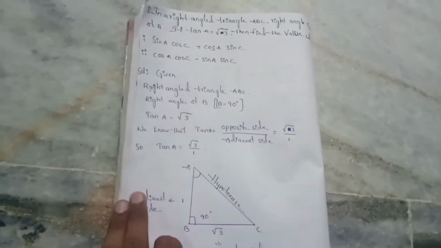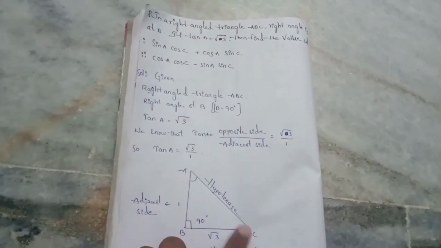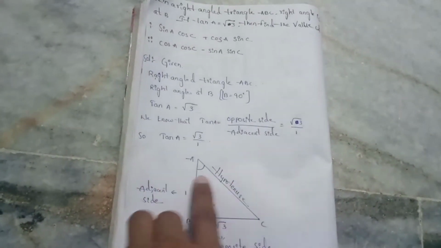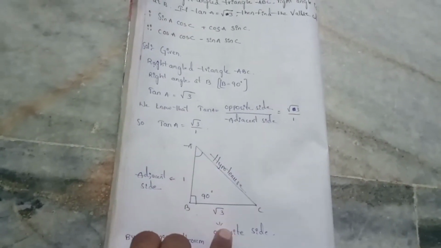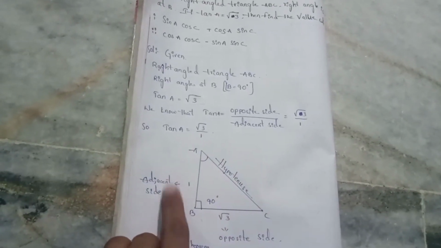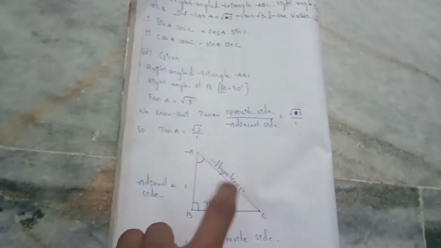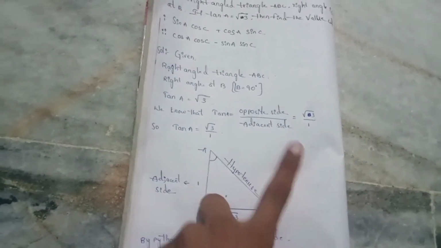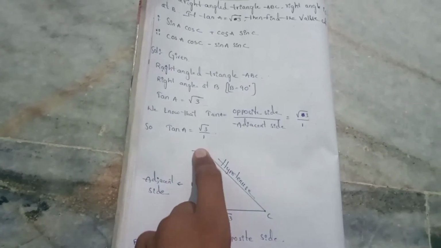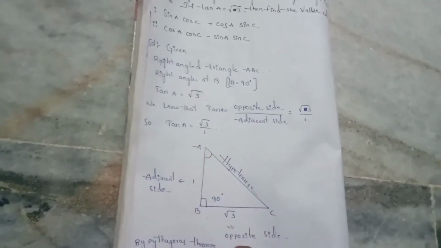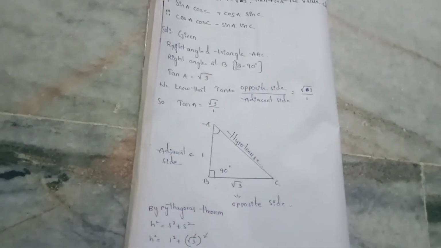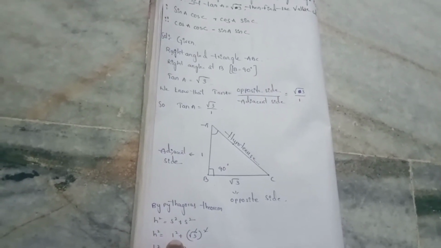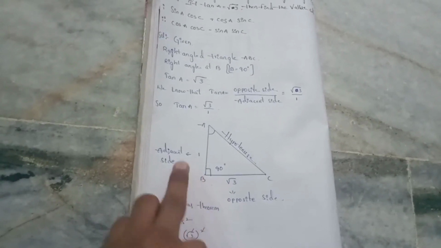See here, triangle ABC, B is 90 degrees. Pointing at angle A, this is the opposite side, this is the adjacent side, and this is the largest side, nothing but the hypotenuse. What is given here? Opposite side root 3, adjacent side 1. Now we have to find this hypotenuse. By Pythagoras theorem, hypotenuse square is equal to side square plus height square. The two sides given are 1 and root 3.